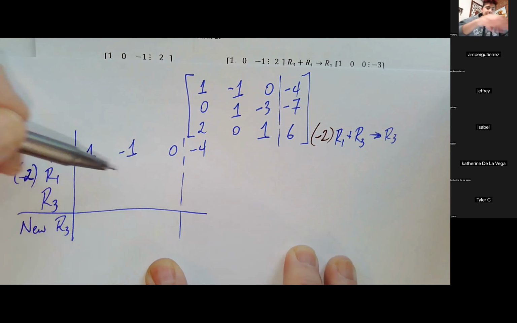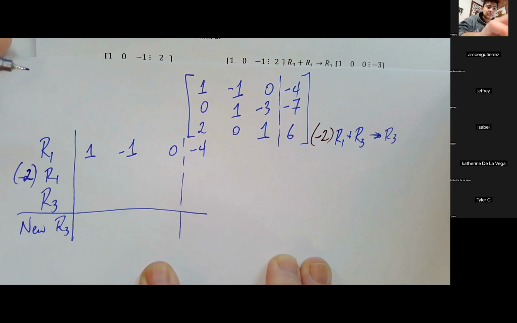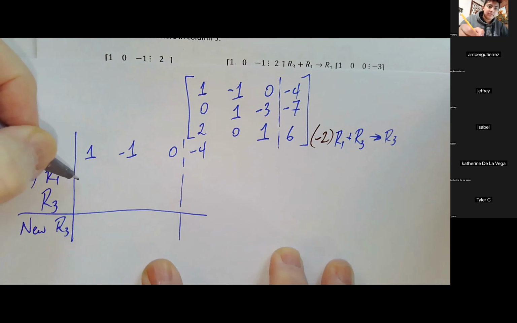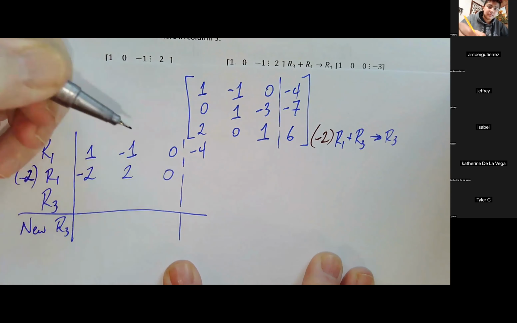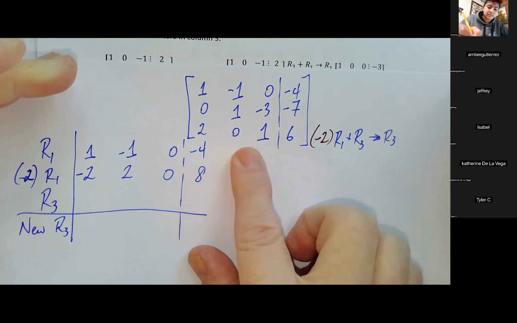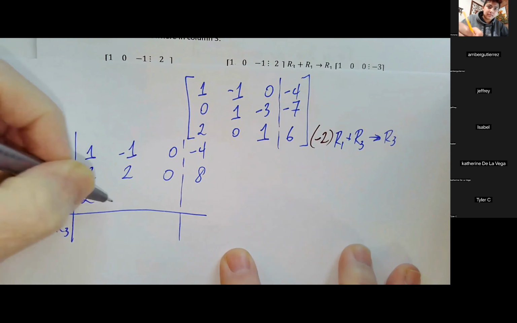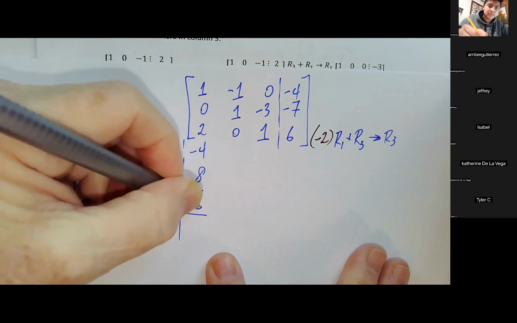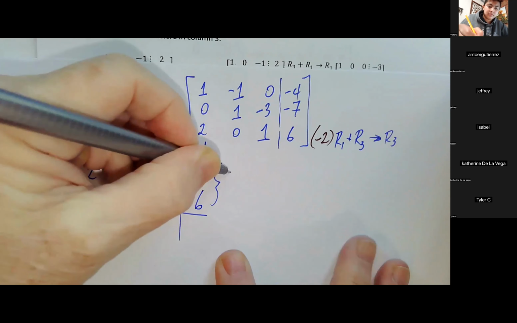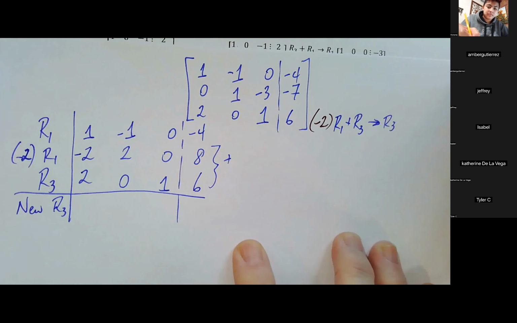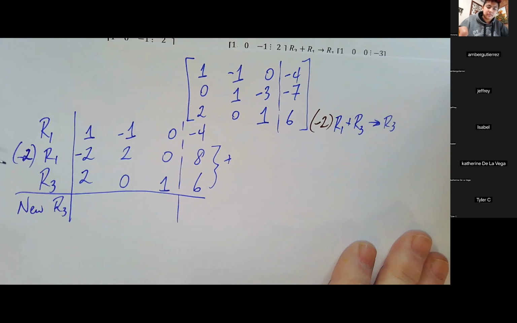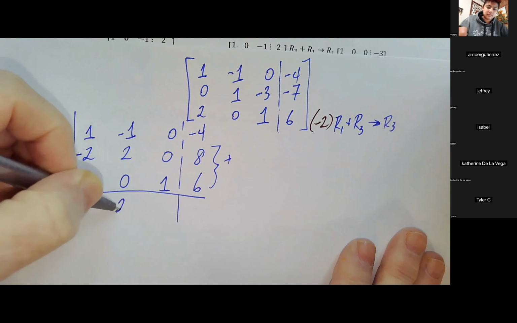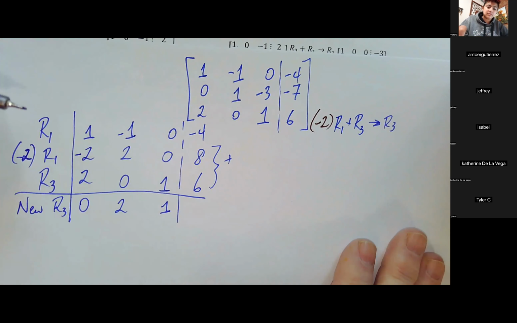No, that's okay. Just tell me what our new row 1 is. It's going to be -2, 2, 0, 8. Excellent. And our current row 3 is 2, 0, 1, 6. And what is our new row 3? 0, 0, 2, 1, 14.